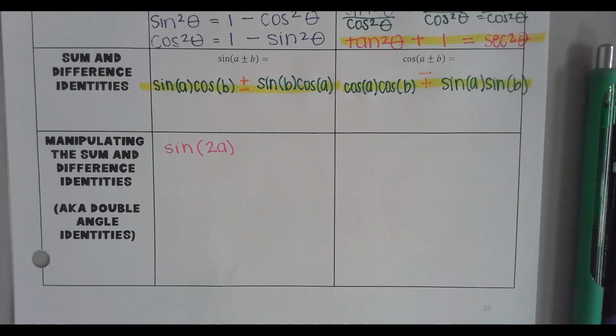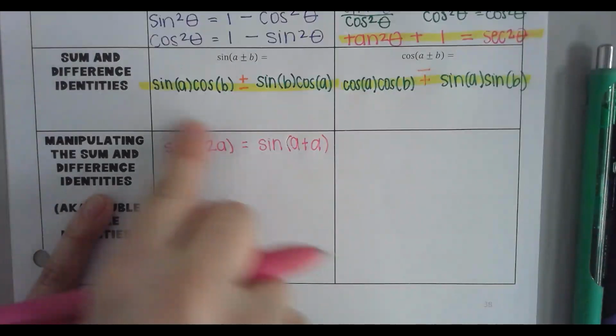Yeah. Just like x plus x is 2x. A plus A is the same thing as 2A. So this would be sine of A plus A, this same concept, with A in both.